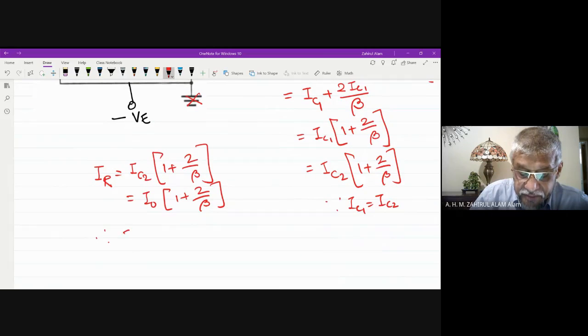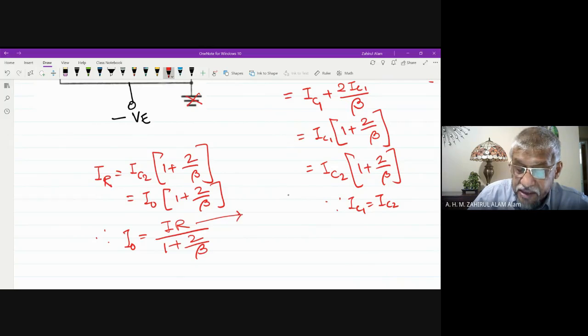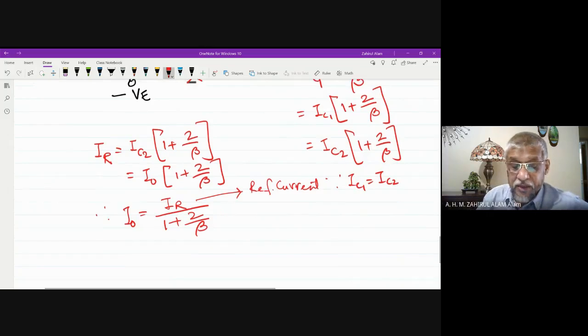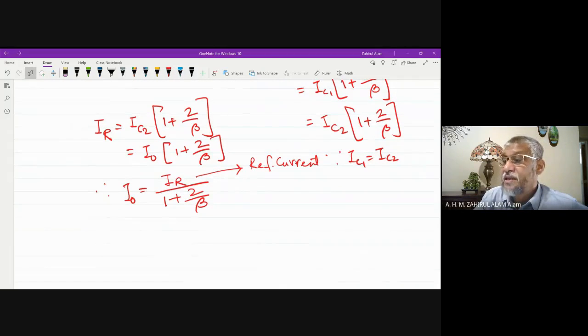So therefore, this is the output current which is related with IR, the reference current. So this is the reference current. So now we know what is the relation between I naught and IR.